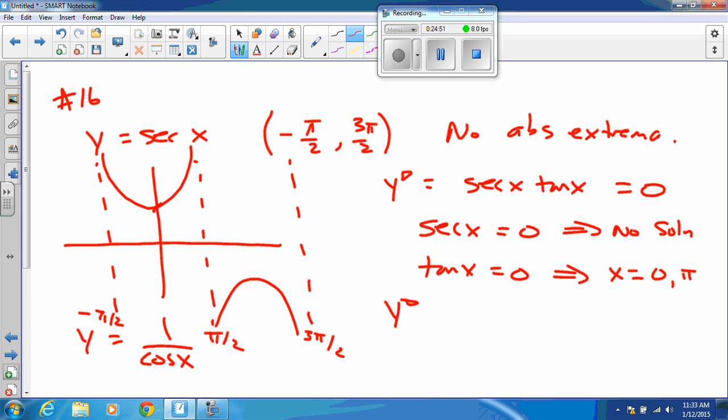Meanwhile, I say, where does y prime not exist? That's going to be any place where cosine x is equal to 0, or x is equal to pi over 2. And that's the only one in the domain. Please notice that negative pi over 2 and 3 pi over 2 are just outside of the domain.